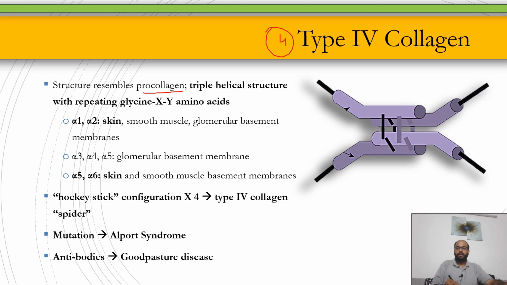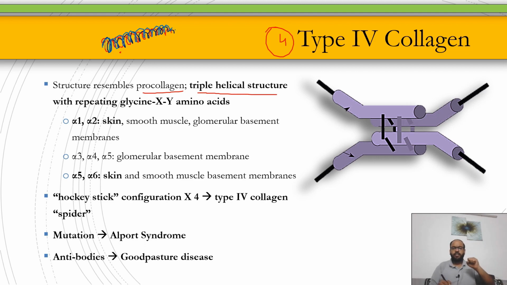Like all collagen molecules, type IV collagen has a triple helical structure. That means you have three strands in a helix-like configuration. Okay, so that is the basic structure.